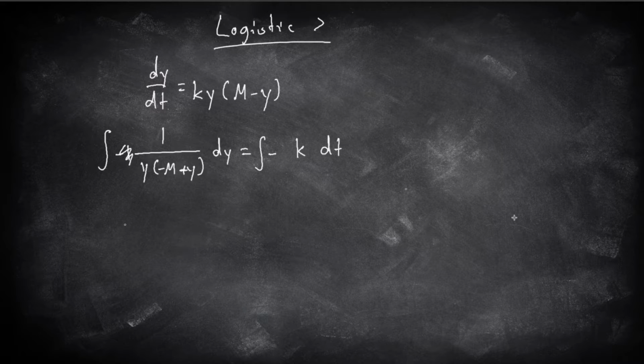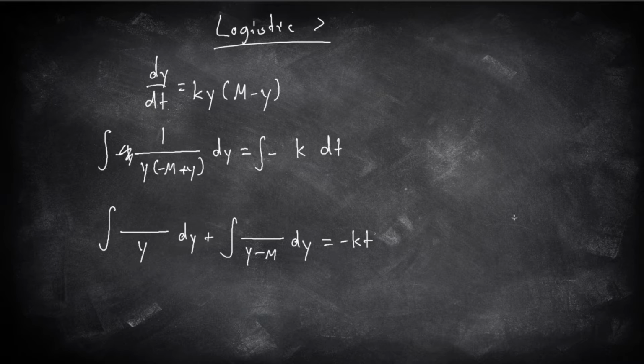I can split it as partial fractions, and the other one is y minus m. And that's the integral. And the integral of negative k with respect to t, that's a constant, so we make it linear. And let's call that c sub 1.